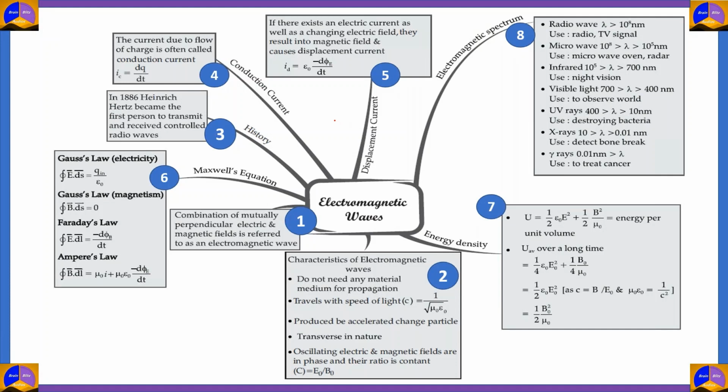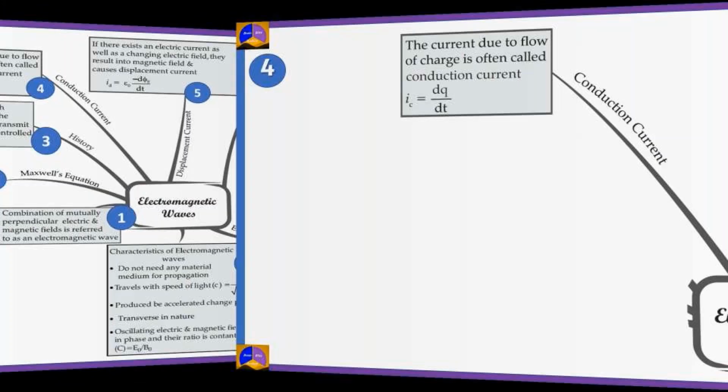Now, before the advent of electromagnetic waves, we never distinguished between conduction and displacement current. The advent of conduction and displacement current were direct results of the research of James Clerk Maxwell. So let's look in detail at what conduction current and displacement current actually mean.